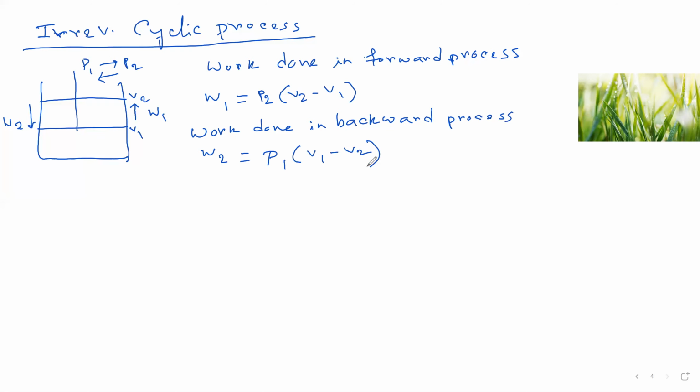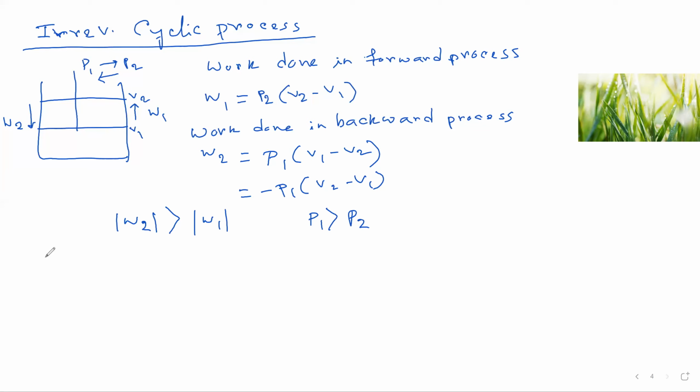Okay, so we can write this as minus P1 into V2 minus V1. So you can see from here the magnitude of W2 is greater than the magnitude of W1 because P1 is greater than P2. So W2 magnitude will be greater than W1.